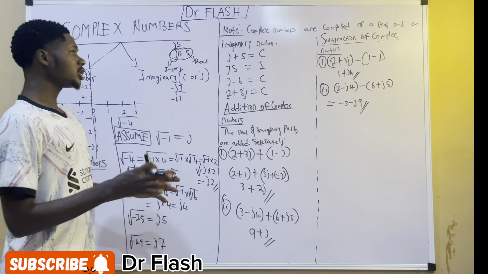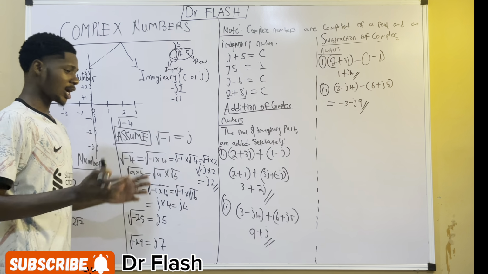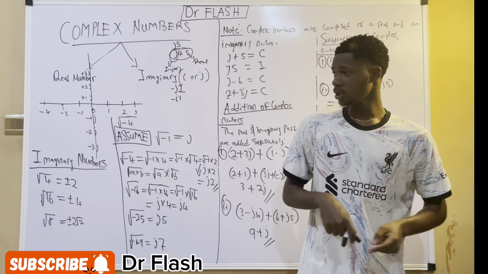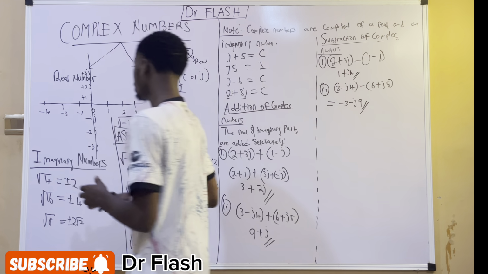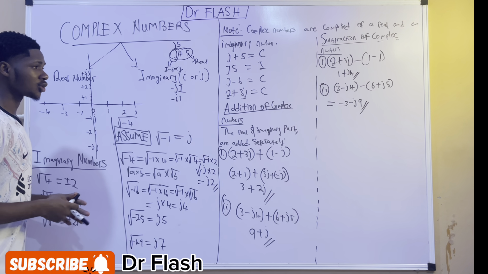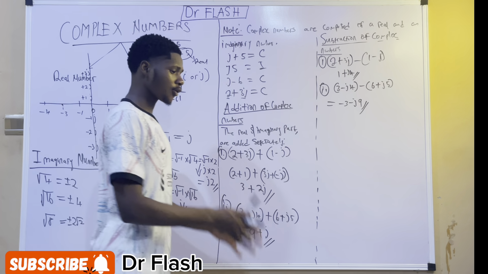Now this is something we are going to talk about in the next video, of which the link will still be in this description. It's going to be titled powers of complex numbers, multiplication as well as division of complex numbers.